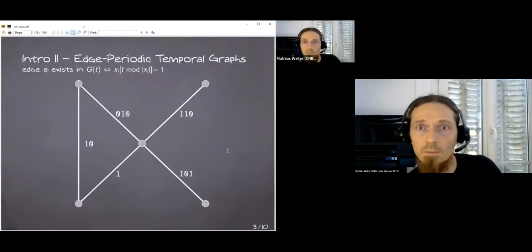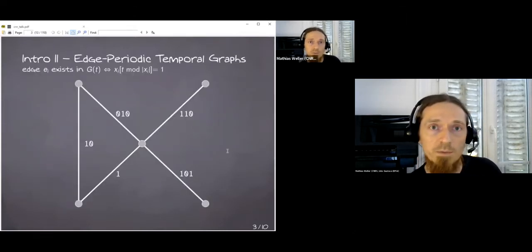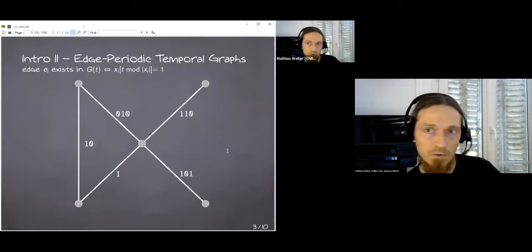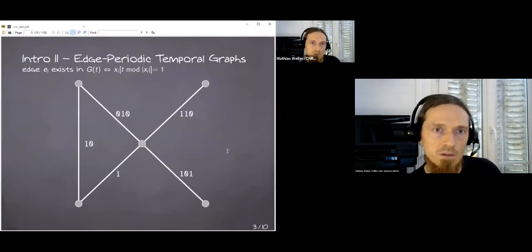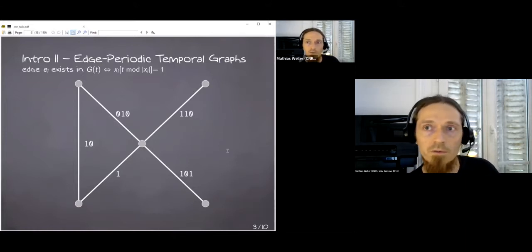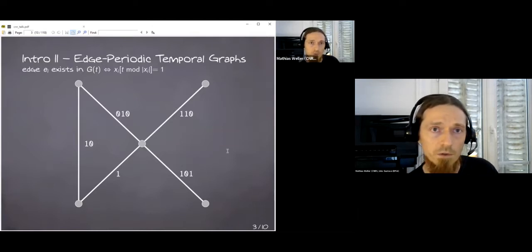So the second part will be edge periodic temporal graphs, where we have one static graph, but all of the edges are labeled by sequences. And the sequences might have different length, as shown here.